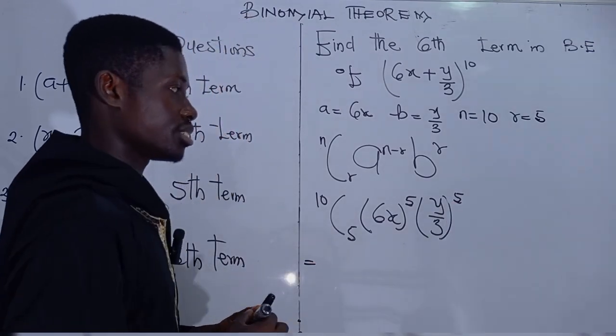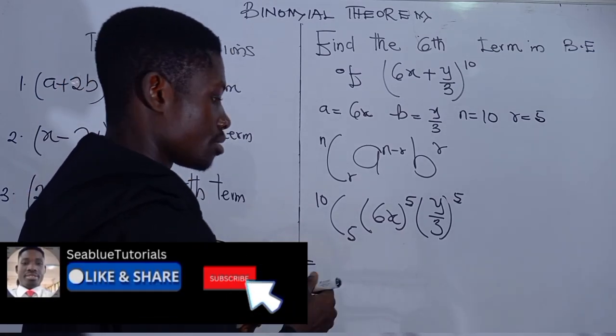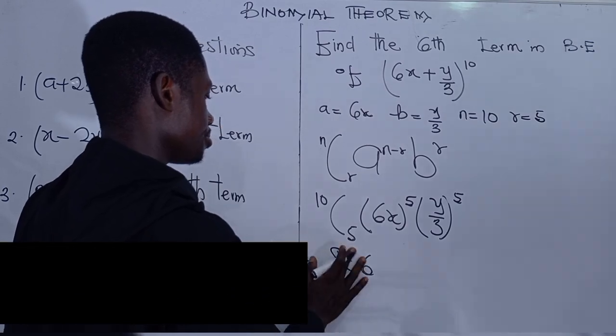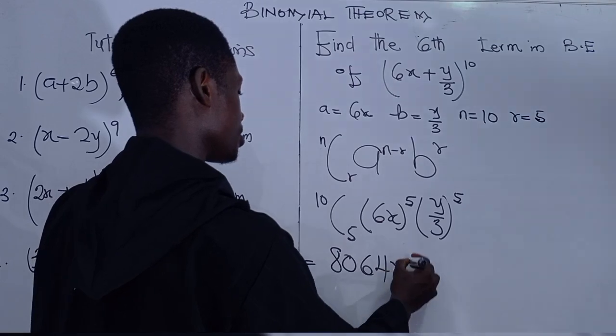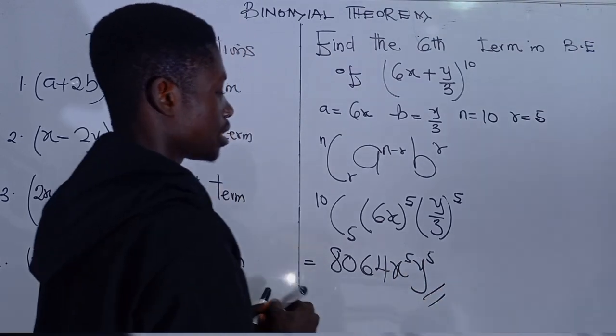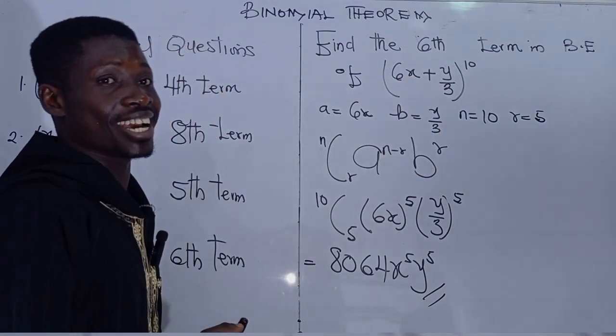Now once you have this, you just have to punch all of this into your calculator, and at the end you are going to have 8064x raised to the power 5, y raised to the power 5. So this is the sixth term in this binomial expansion.